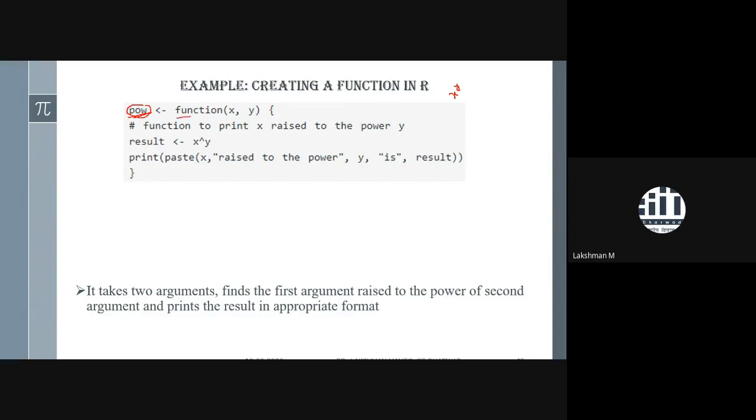Then you are calling it function, and the arguments are both x and y. After the arguments, in the function body, you define x to the power y. It will not be outputted, it is just for remembering purposes. So you define the power function, and in the second statement you print it.